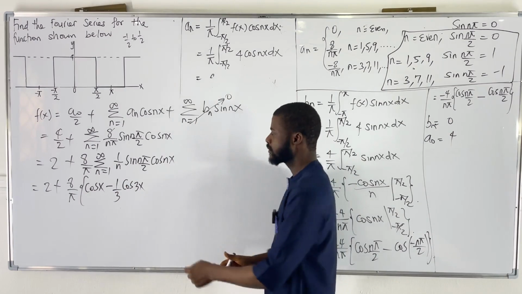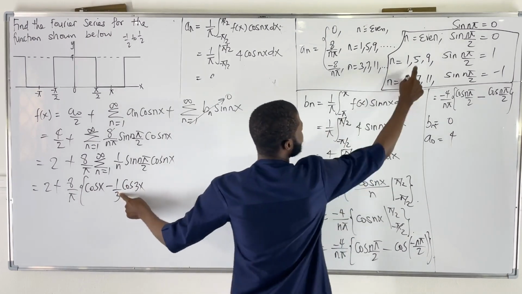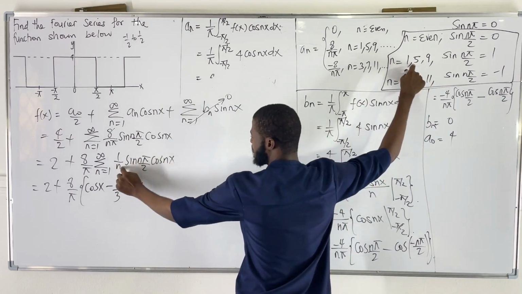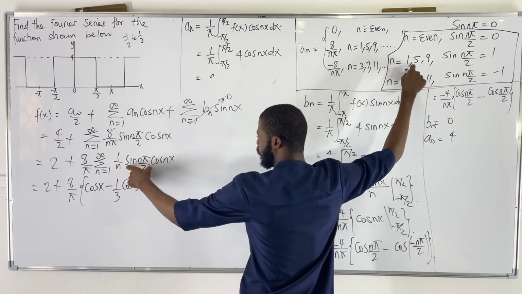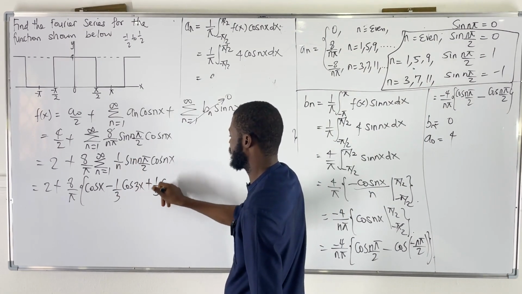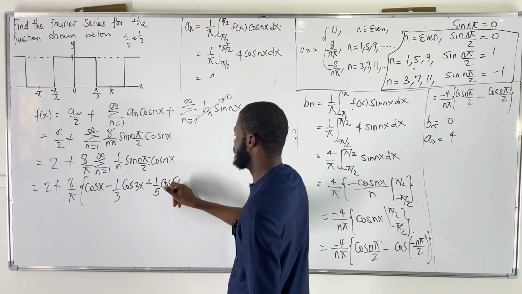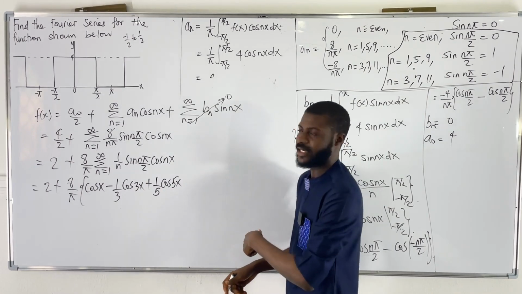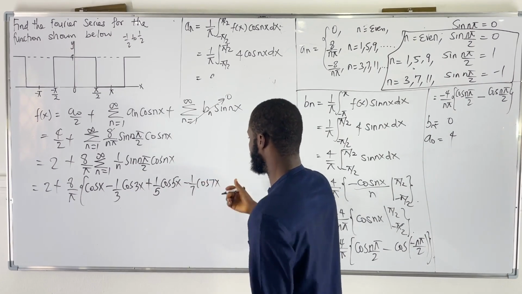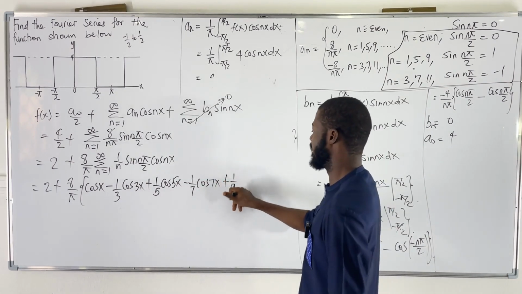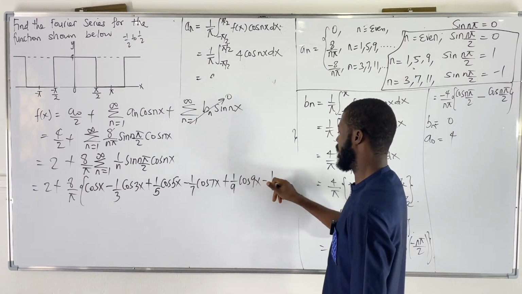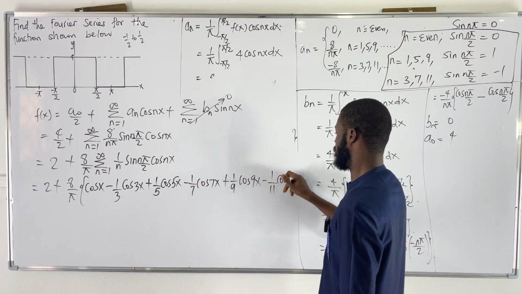The next odd number is 5, and it's plus 1, so this is plus 1 over 5 cos 5x. If you notice, it now follows a pattern. The next one will be minus 1 over 7 cos 7x, then plus 1 over 9 cos 9x, then minus 1 over 11 cos 11x.